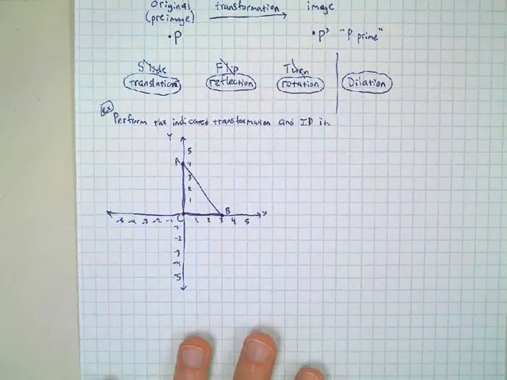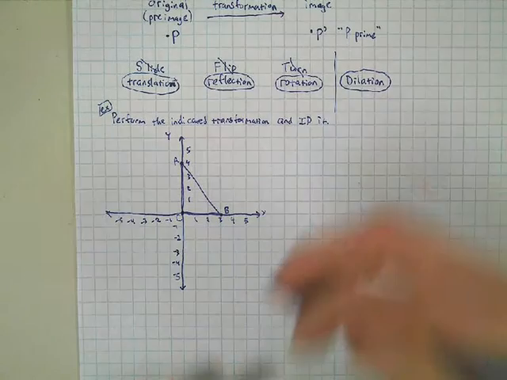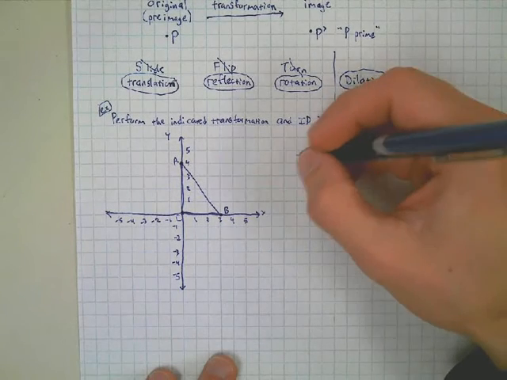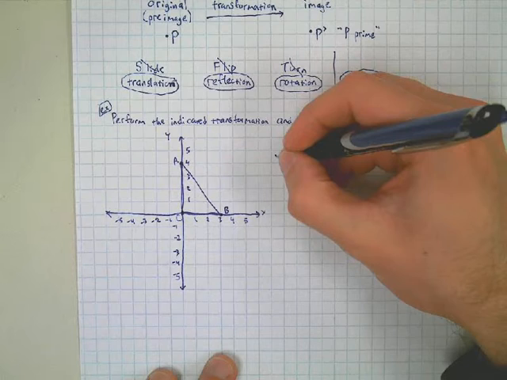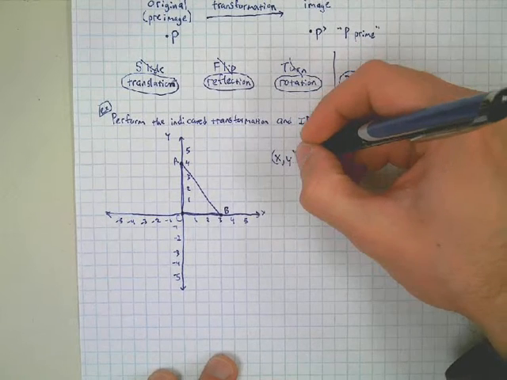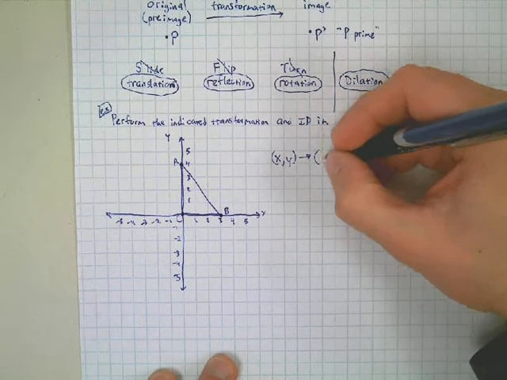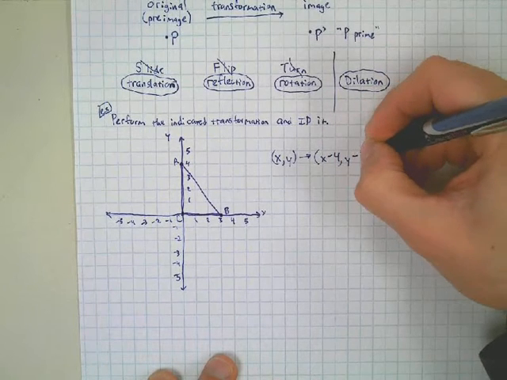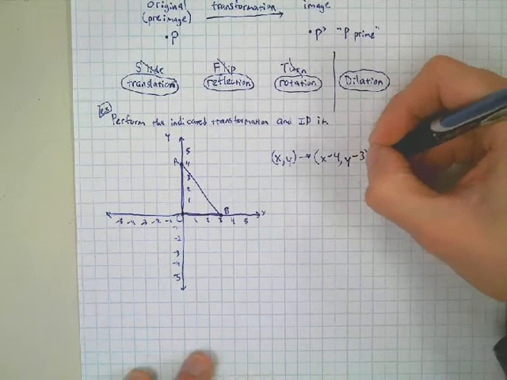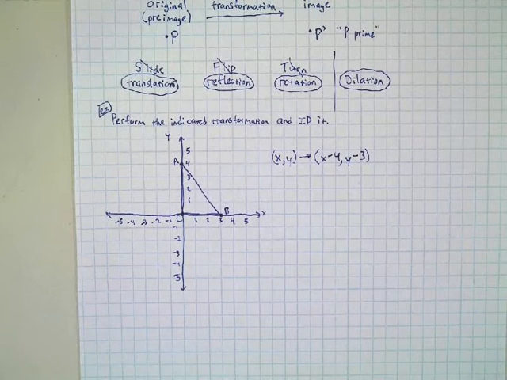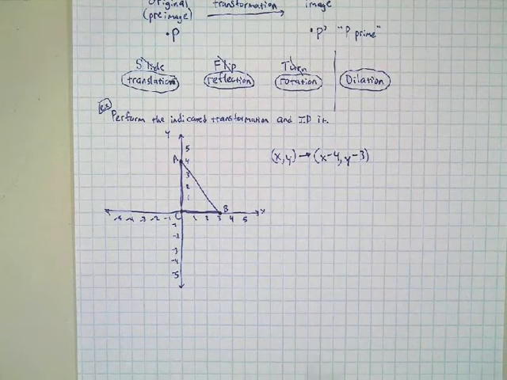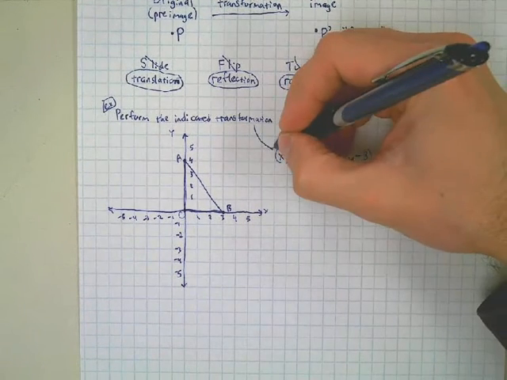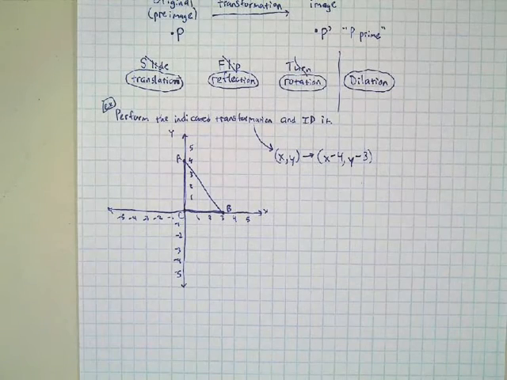Yes, it's on 3. Okay, and then the indicated transformation. Here's the transformation. Okay, so there's the indicated transformation.